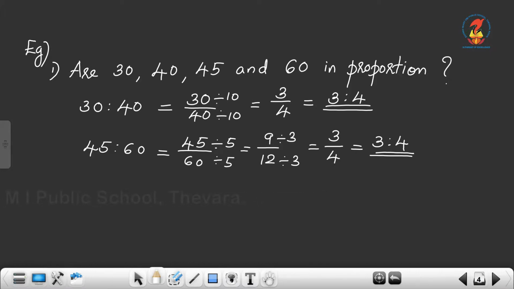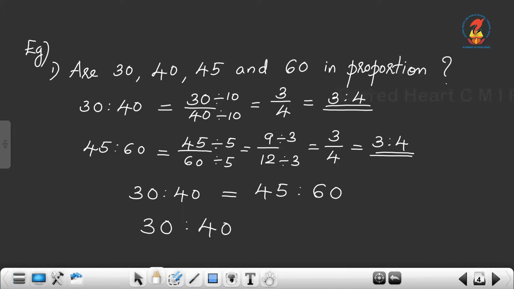Now look at that, the two ratios are equal, that is 30 is to 40 equal to 45 is to 60. Then we can say that the four quantities are in proportion. So we can write 30 is to 40 as 45 is to 60.